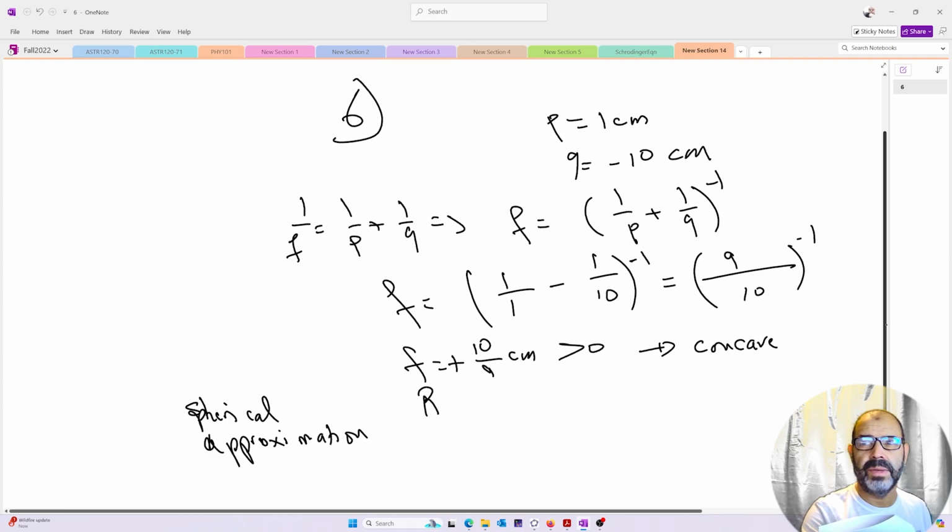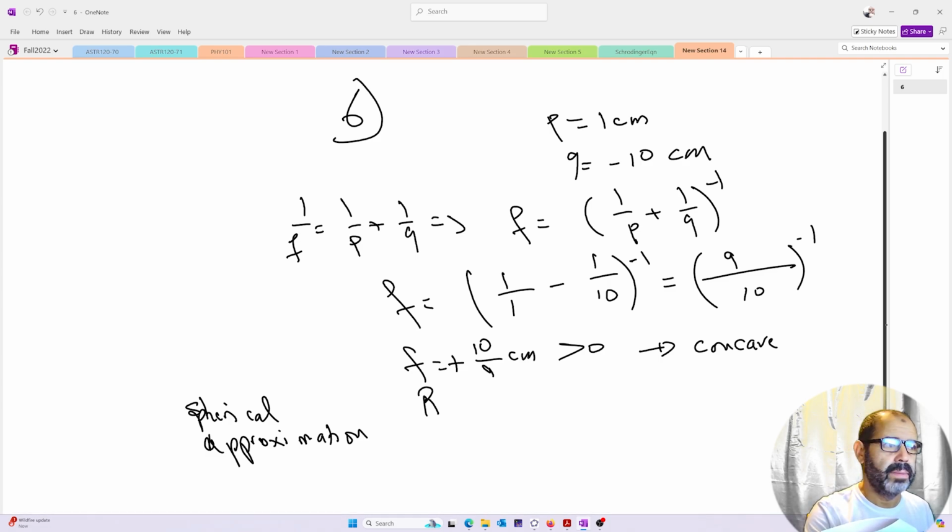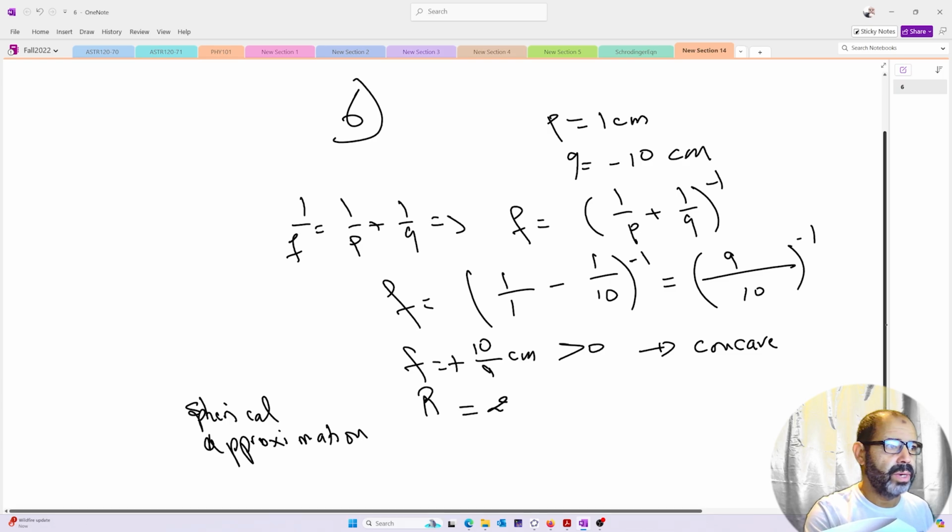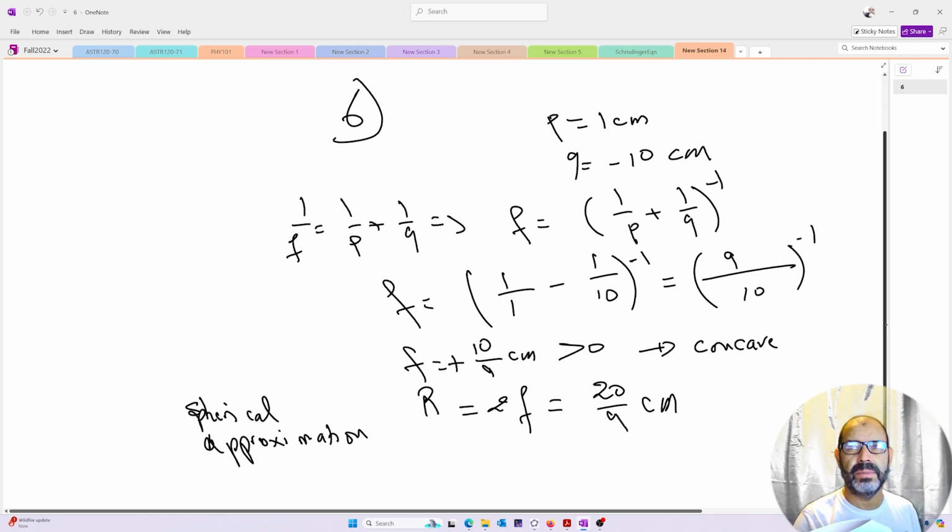Both of them, you can make parabolic mirrors using cuts from a sphere, where R is equal to 2F. So in this case it's going to turn out to be 2 times 10, which is 20 over 9 centimeters. It's going to be slightly over 2 centimeters. This problem has 3 sig figs, so it's going to be 2 point something. We need to return at least 2 sig figs.